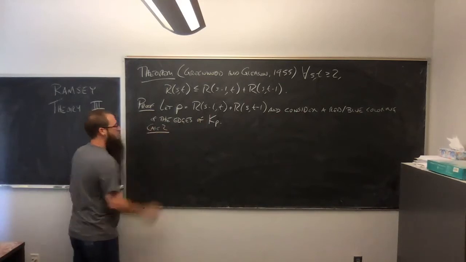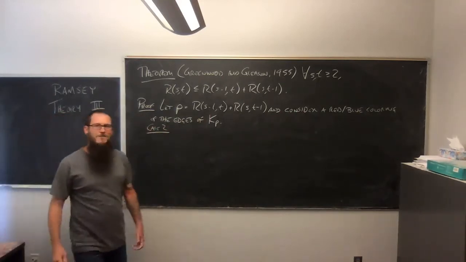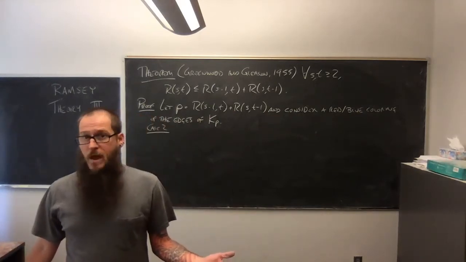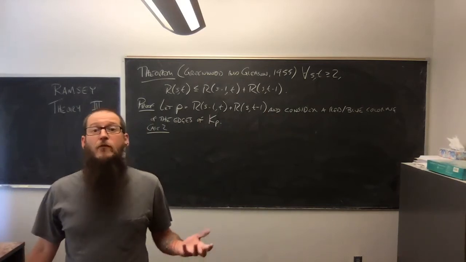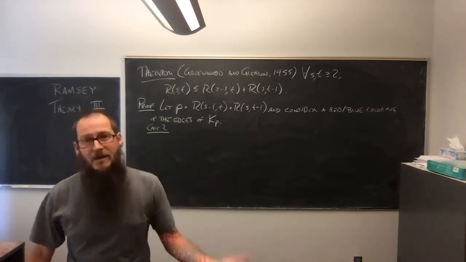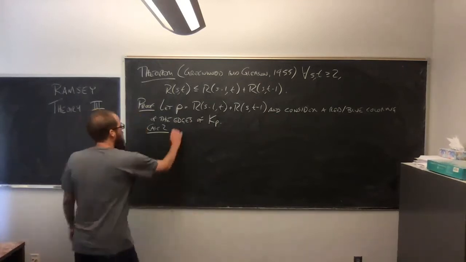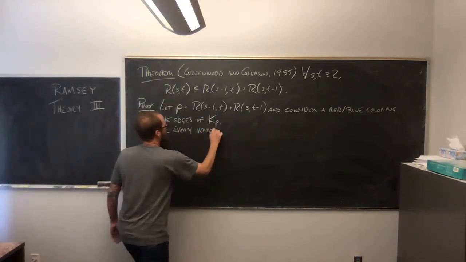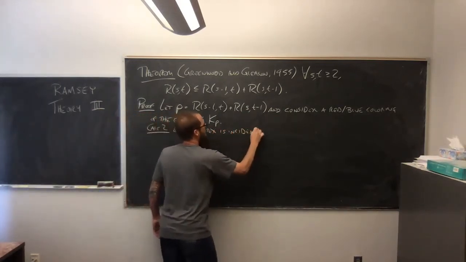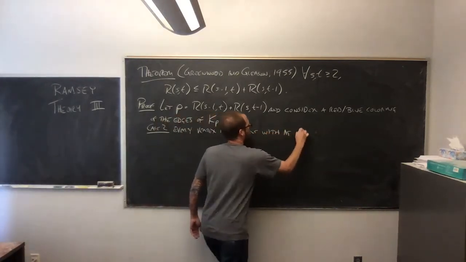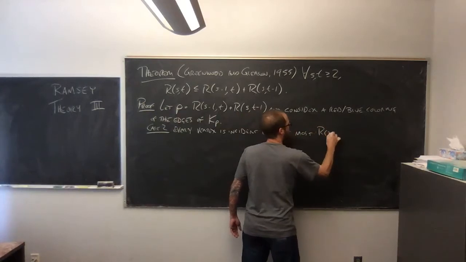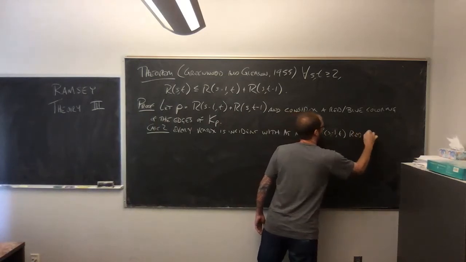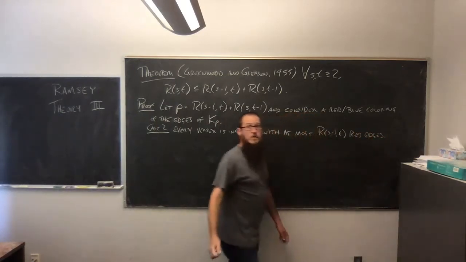All right, case 2. Well, if we don't have at least R(S minus 1, T) red edges connecting to some vertex, then every vertex is incident with at most R(S minus 1, T) minus 1 red edges.